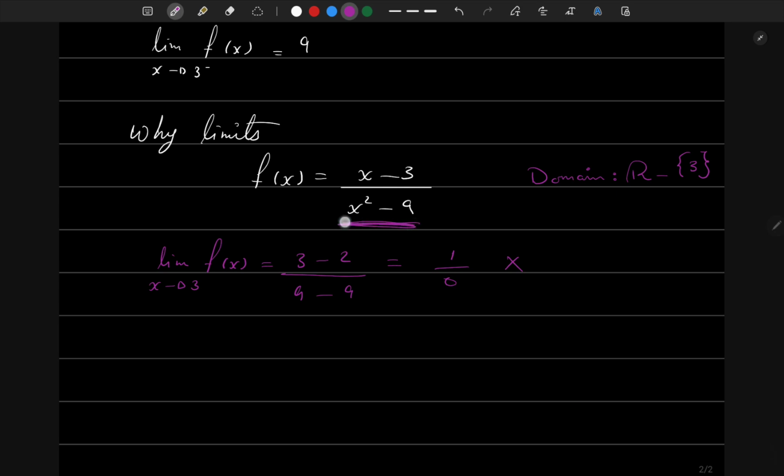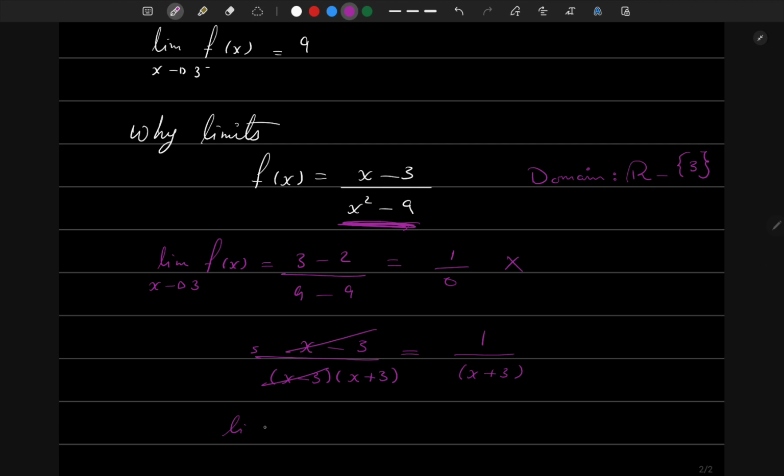If I expand this expression, I'm going to have x minus 3 divided by x minus 3 and x plus 3. And x minus 3 cancels with x minus 3. And so it's going to equal 1 over x plus 3.